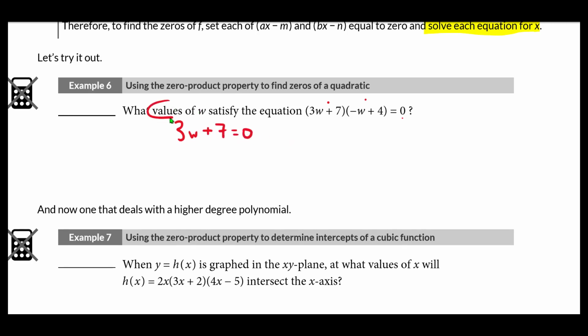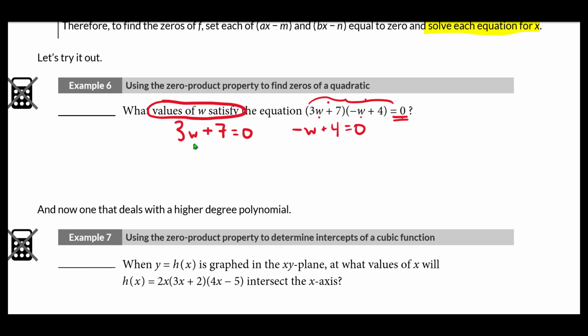By the way, that's what they're asking us for, the solutions here, which, as we've said many times, are pretty much the same as zeros. Obviously, when your equation is set equal to 0, we're looking for the values of w in this case that will make our quadratic equal to 0. 3w plus 7 equals 0. Negative w plus 4 equals 0.